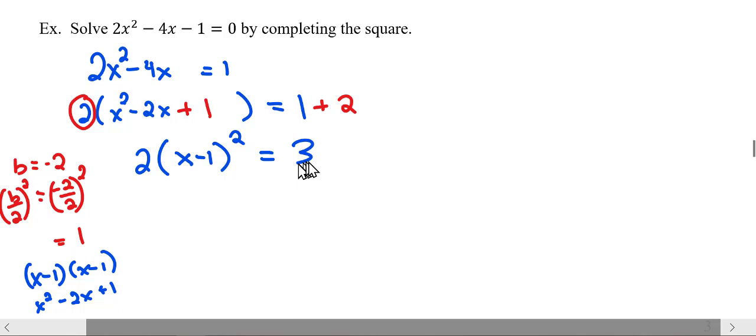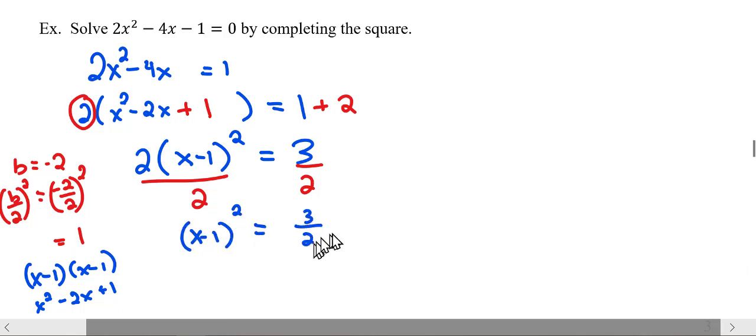And we're going to use our square root property. That means isolate the thing that is squared, the quantity that is squared. So divide both sides by 2. Both sides of the equation. And you have x minus 1 quantity squared is equal to 3/2.